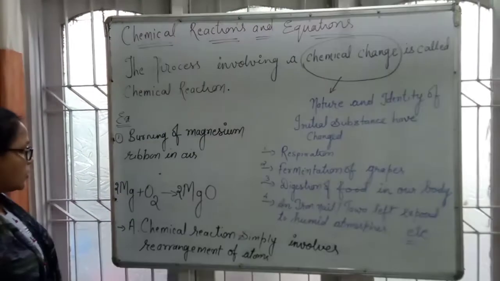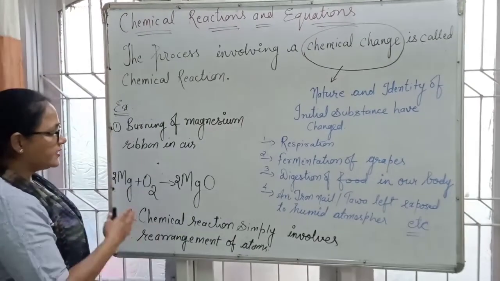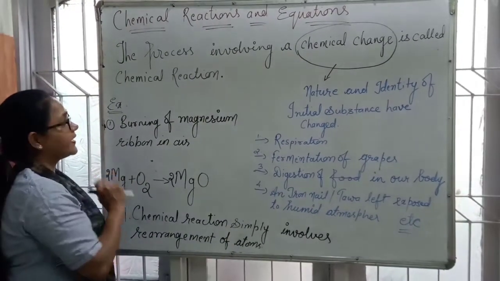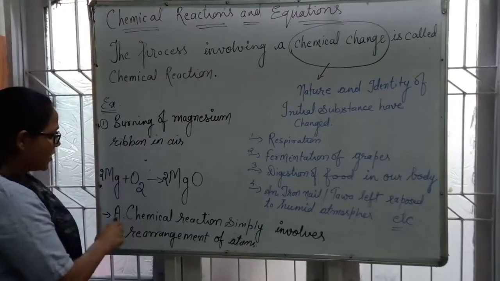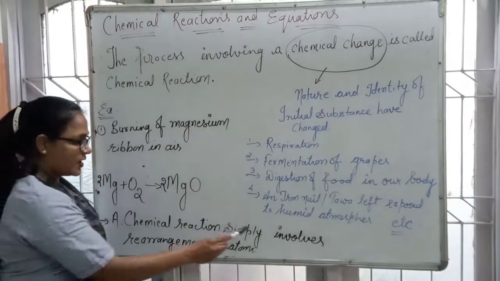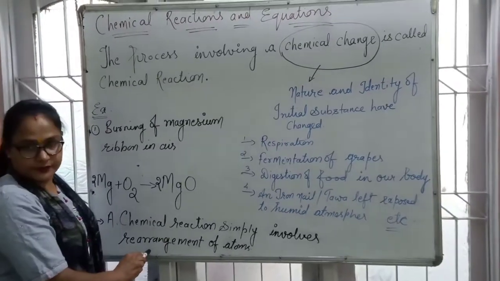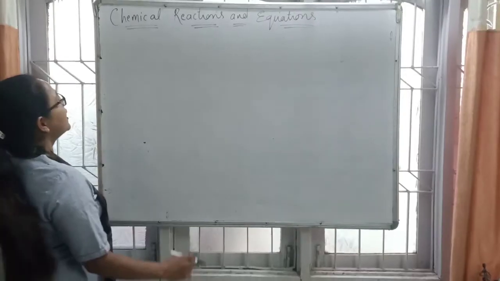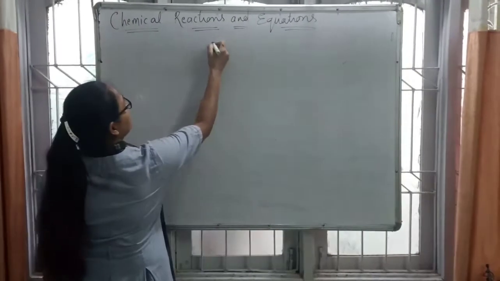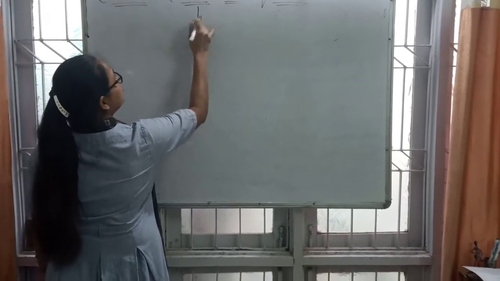So simply I can say a chemical reaction involves rearrangement of atoms. In a chemical reaction, we will mainly take two terms.